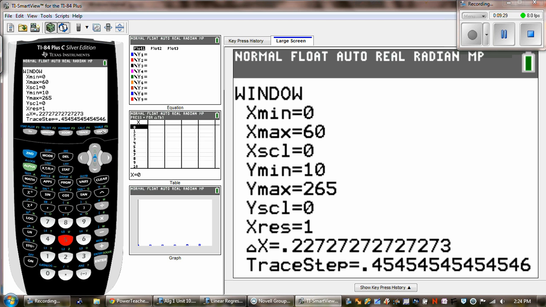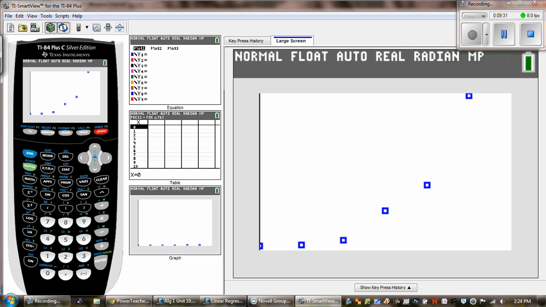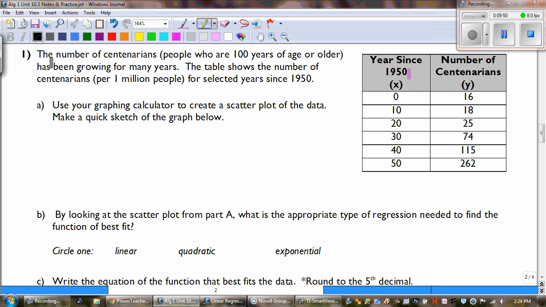Okay. And now let's see what happens when we've got our graph. Perfect. What type of graph is that? That's exponential growth. So what I want you to do is draw a quick graph of what that looks like in A. Okay, so I'm going to just come right here.